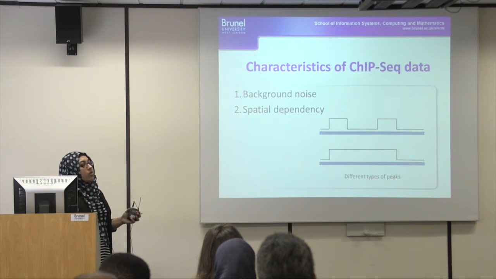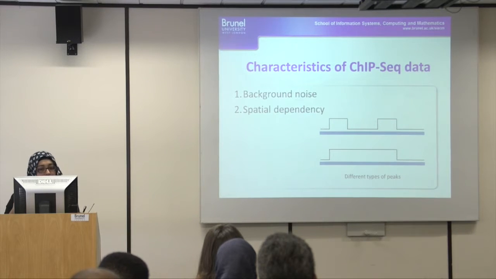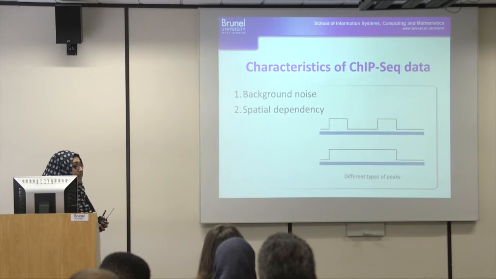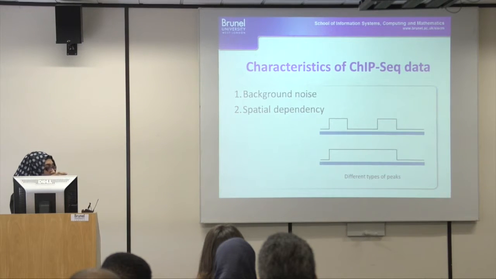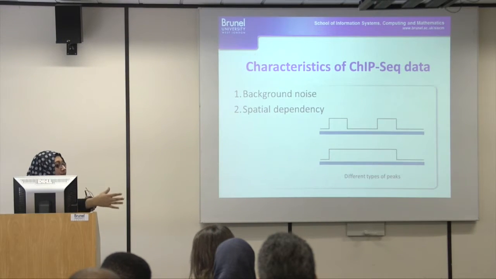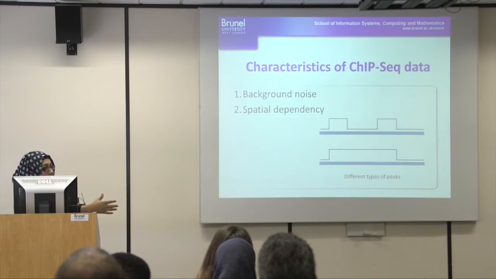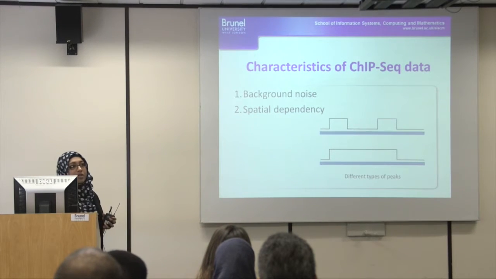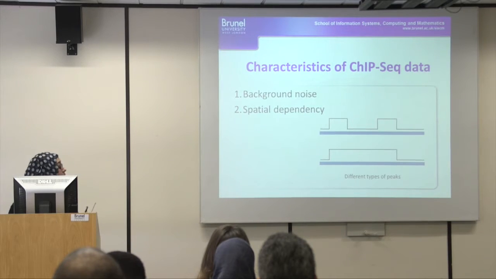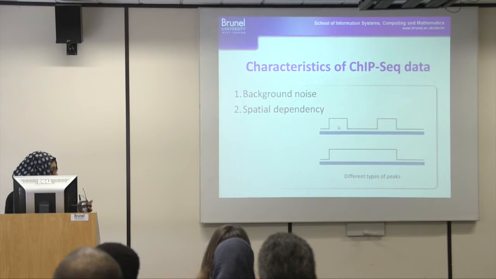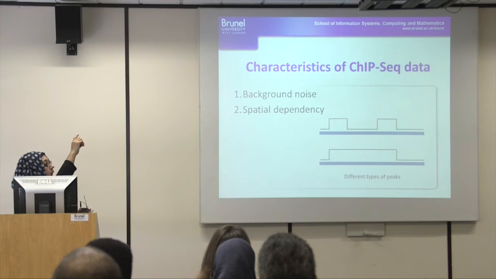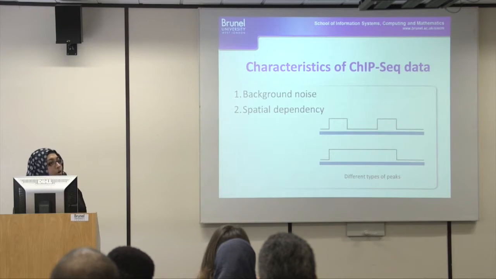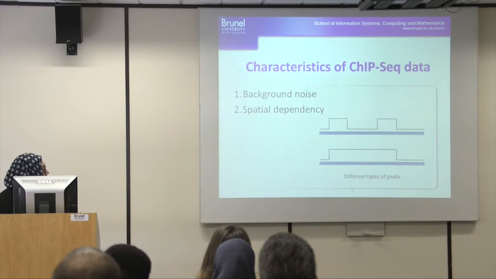But when we divide the whole genome into small windows, it actually introduces spatial dependency, because some of the protein-bound locations cross between windows. So for example, for one protein, the peak might be a very sharp peak. In one of the bins, it shows a very high count of protein, so you immediately say this is protein bound. But some proteins will spread around some regions, so they create broad peaks across lots of regions.